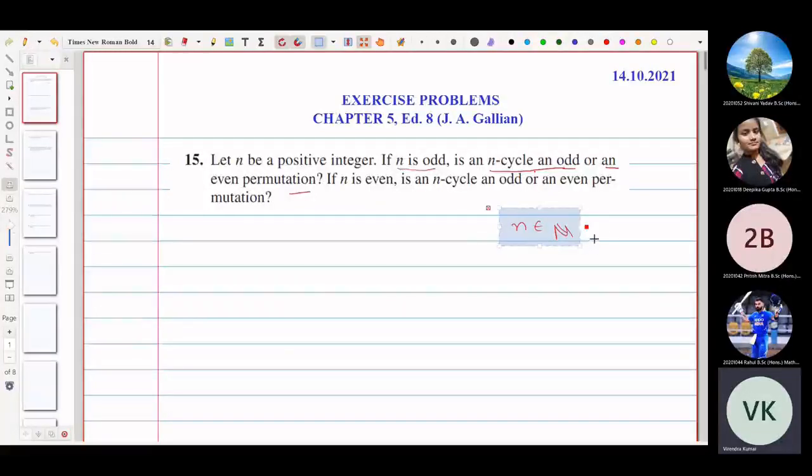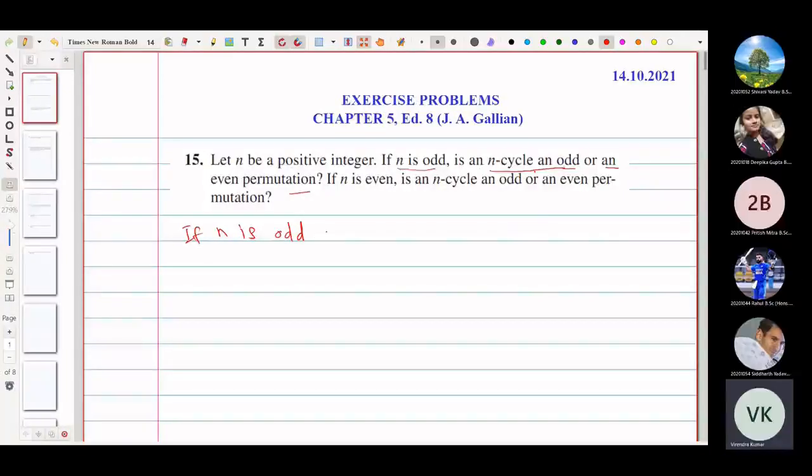They have given that n is a positive odd integer, and there is some cycle which is an n-cycle.